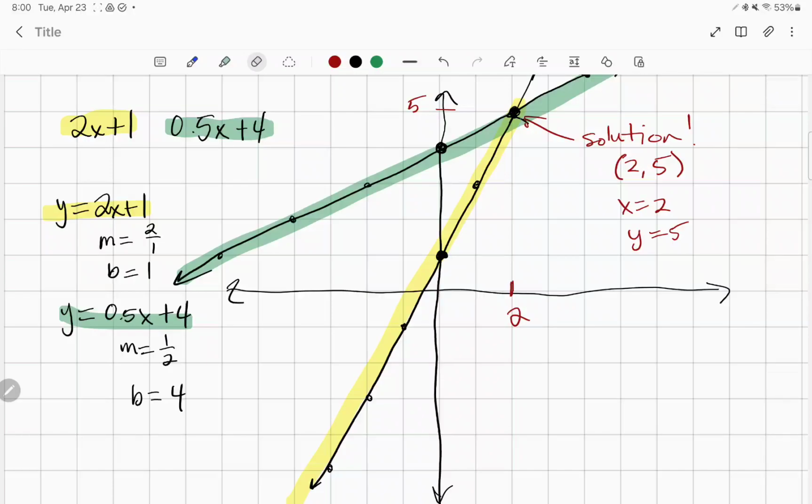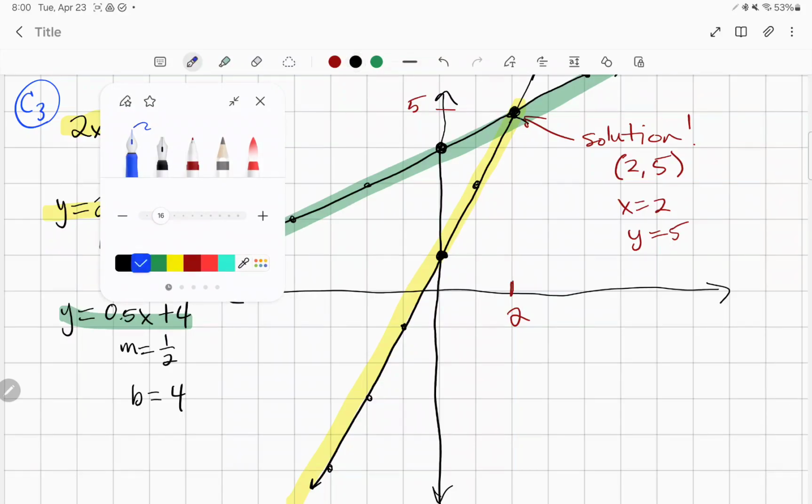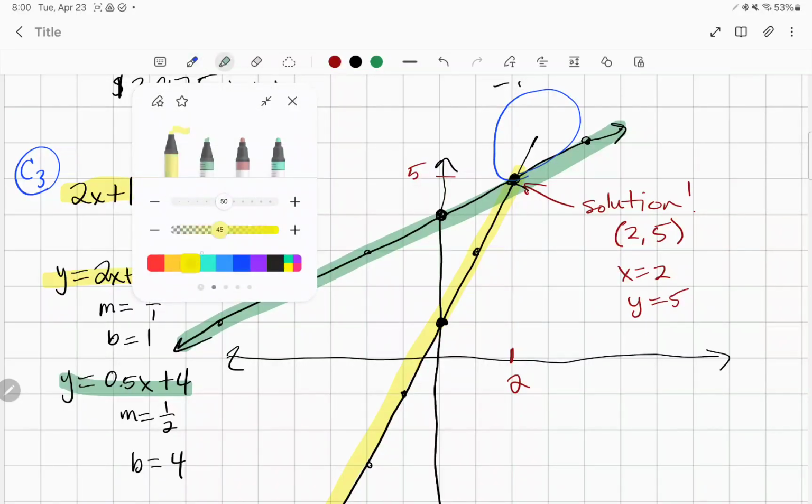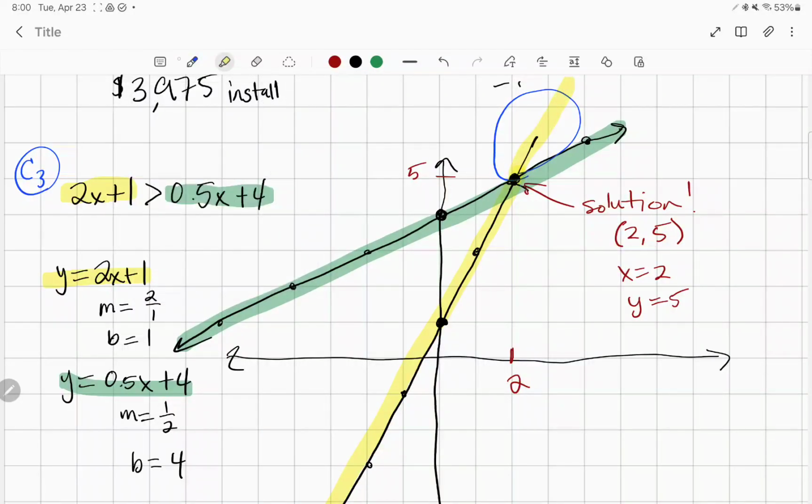Now if we take a look at the next one, part 3, it's the same thing, only the inequality is flipped. When is this greater than the 0.5x plus 4? And that's going to be on the other side. So it is greater than up here. Let me extend that yellow portion because that graph continues. So it is greater than up here.